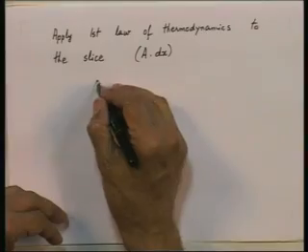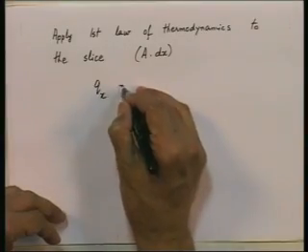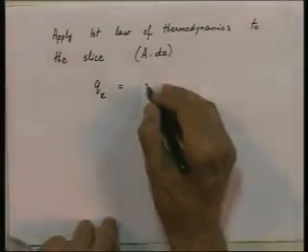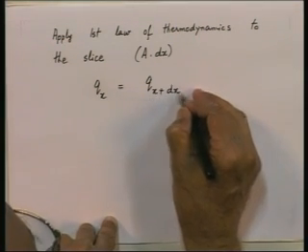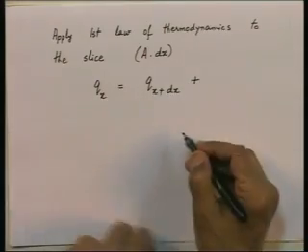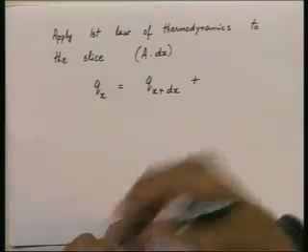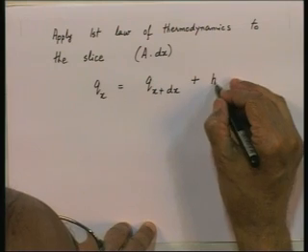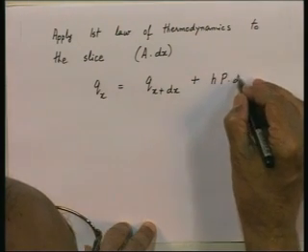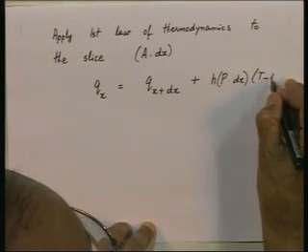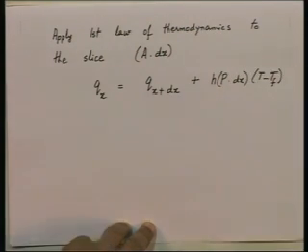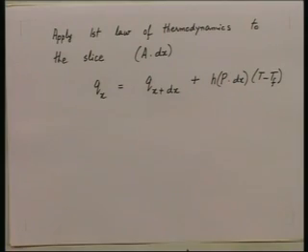So, what do we have now? Let us put down expressions for these quantities. The first law says Qx, the heat flowing in by conduction, must be equal to the heat flowing out by conduction plus the heat being lost by convection from the surface, and that is h P dx, which is the area, into T minus Tf. That is the convective heat loss from the surface.